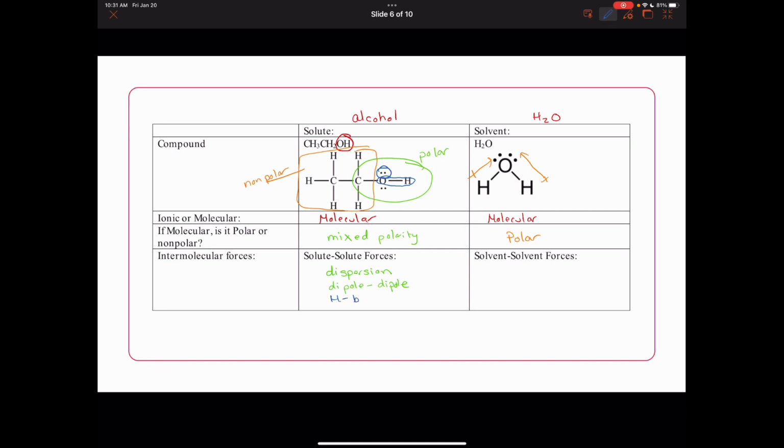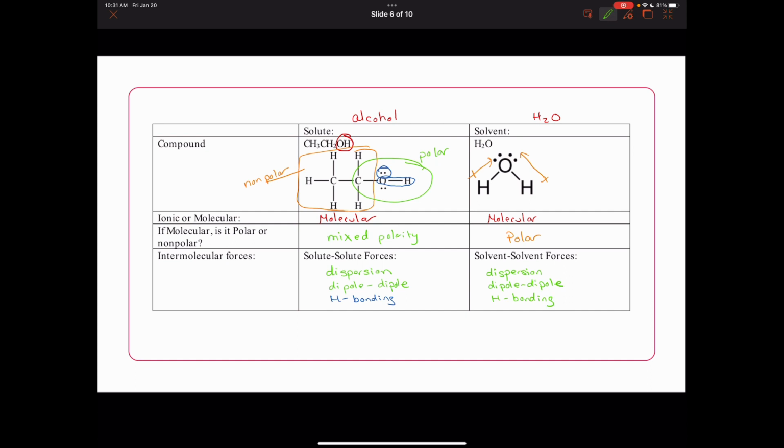So we have hydrogen bonding. Then looking at my solvent, again we have dispersion because dispersion is found in all substances. My molecule is polar, so it has dipole-dipole. And then we have hydrogen bonding. Again, I have the oxygen-hydrogen bond, and I have lone pairs.